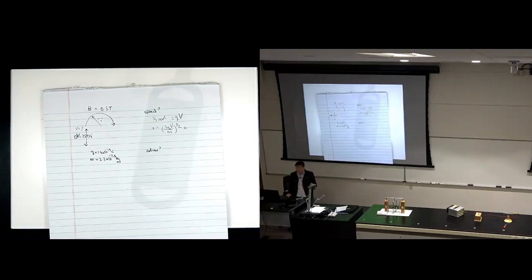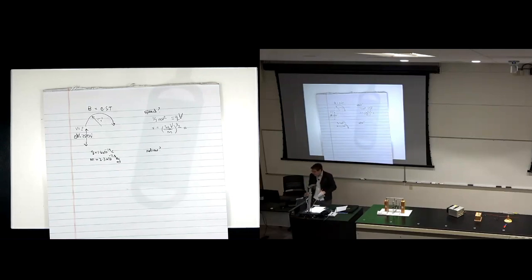If we look at the right-hand side there, think about it. Do we know these numbers? Well, yeah, we do. We know the 250 volt potential, and we know the charge and the mass of this carbon-14 ion, so we can just plug in those numbers and we'll get a speed.